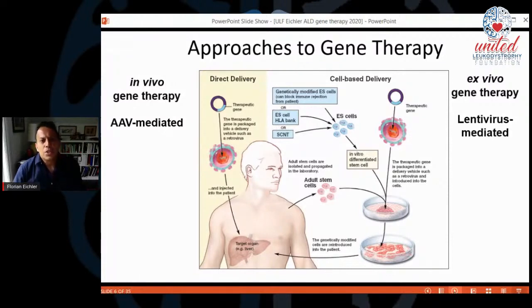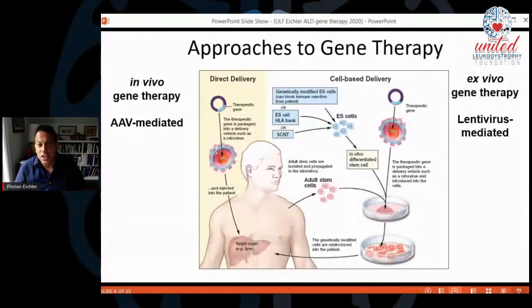So the approaches to gene therapy really fall into two categories. On the one hand, in vivo gene therapy, which is AAV-mediated gene therapy for the most part, with direct delivery to the target organ or the compartment of the nervous system. You're delivering the virus carrying the faulty transgene in its corrected form, and this goes either to liver or to brain or spinal cord.